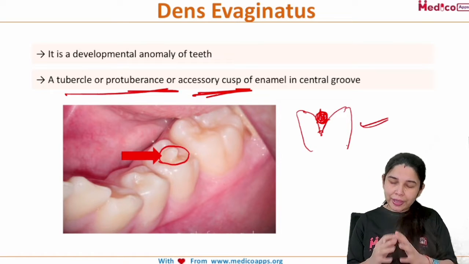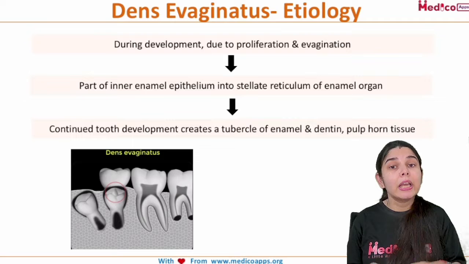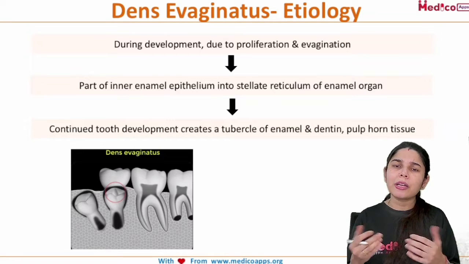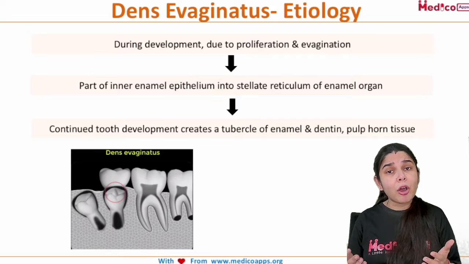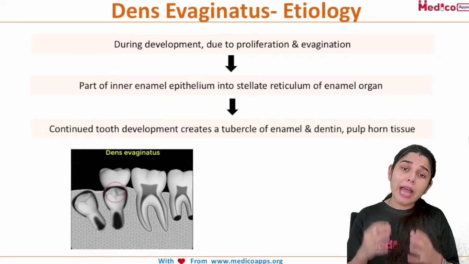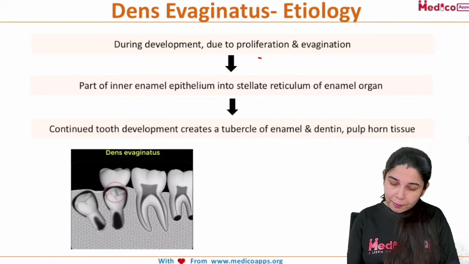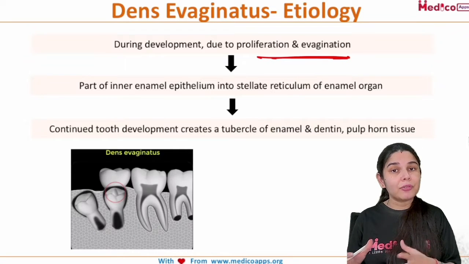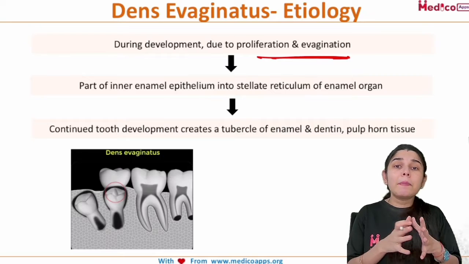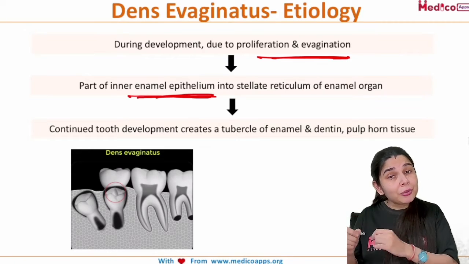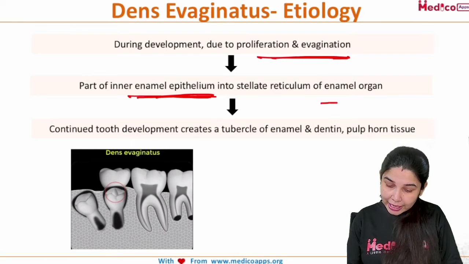Moving ahead, you must be wondering what the cause or etiology is. Why is this tubercle developing? Why is this anomaly happening in the teeth? During the developmental period, due to proliferation and evagination, which is not a normal process, a part of the inner enamel epithelium gets into the stellate reticulum of the enamel organ.